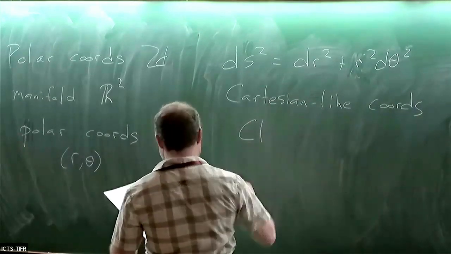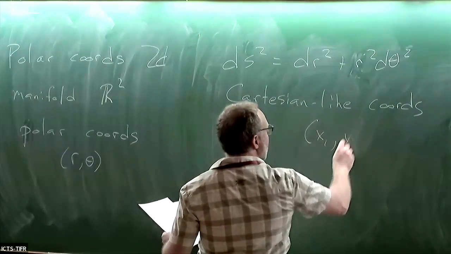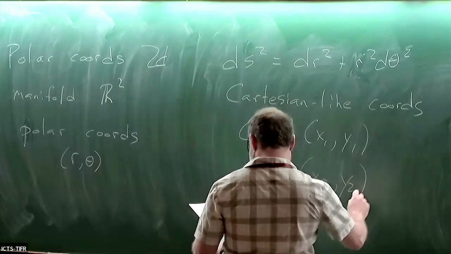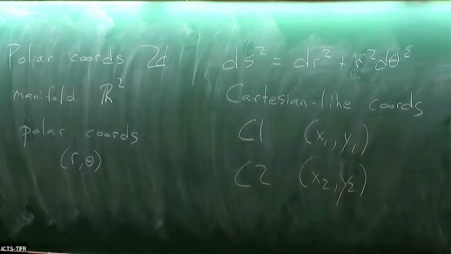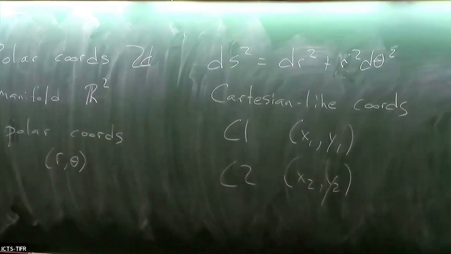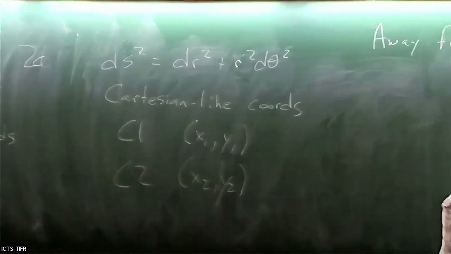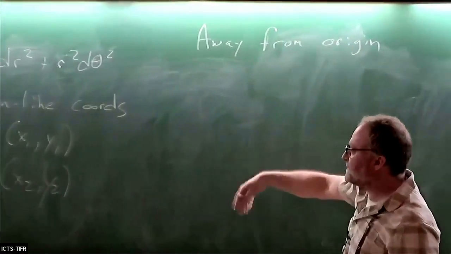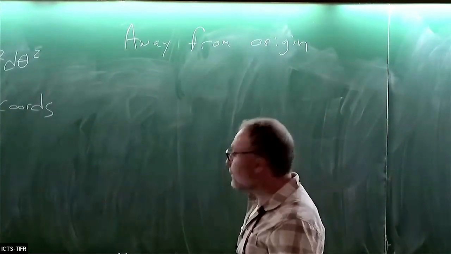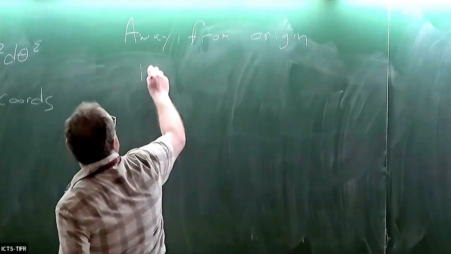We'll call them C1, X1 and Y1, C2, X2 and Y2, okay? So let's work away from the origin. Right, that's where either the x and y's are 0 or the r is 0, okay? So away from the origin, we have invertible and analytic relations.